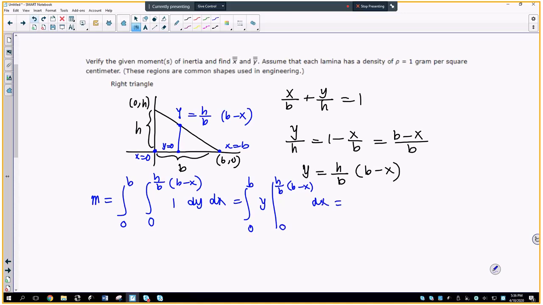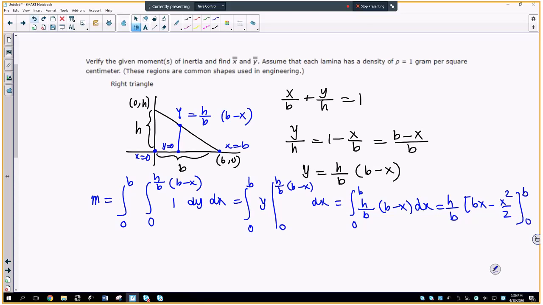So I get the integral from 0 to b, h over b is the constant which I can pull out and do the antiderivative. So I get h over b. Antiderivative of b is going to be bx, and antiderivative of minus x is going to be minus x squared over 2. And now finally I'm going to put the limits in, which are 0 to b.